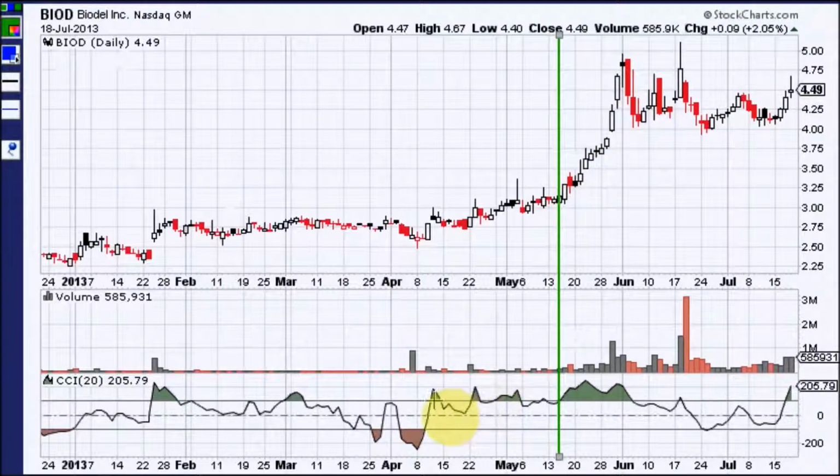But right before it there were four instances of crossing up through the plus 100 line that actually did work a little, but you have these tall wicks on these candles, so it pulled back. So this is a good example of a stock that runs, and there wasn't really a whole lot of volume until it really started to take off and get vertical, and then the reversal happened and the pullback.